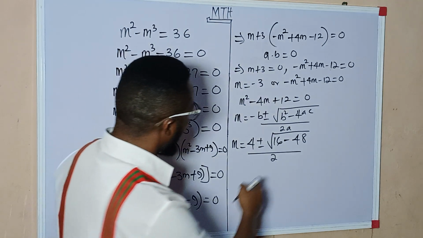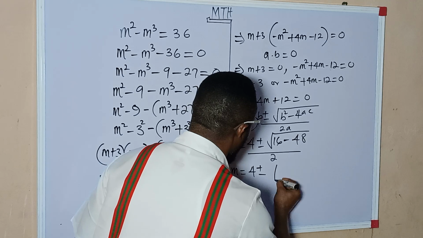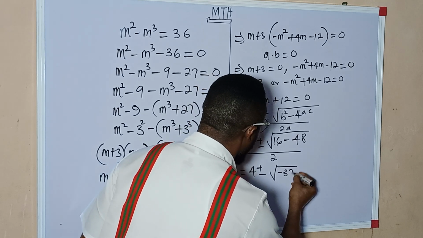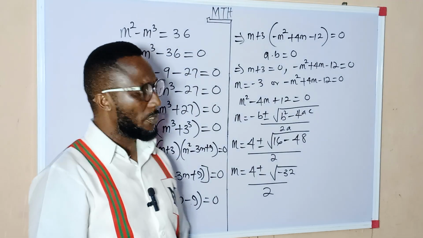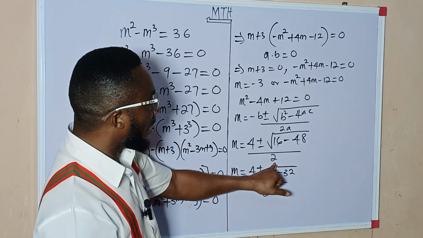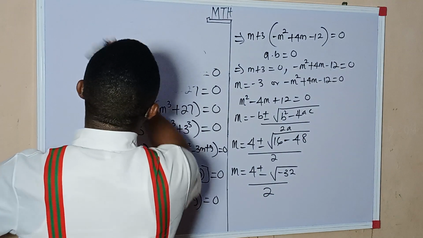So folks, if we subtract 48 from 16, that's going to give us the square root of negative 32, all over 2. Okay, we are going to have a complex root here, but regardless, we shall continue.